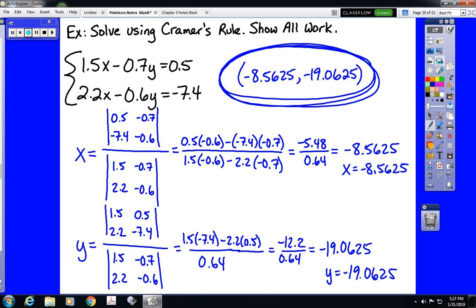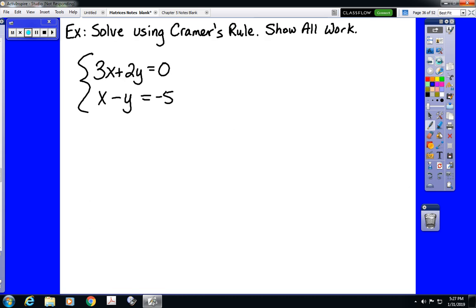Okay, next example. Also, I believe, a 2x2 system, and this might be our last 2x2 system. We will see when we get there. So again, we're going to start off with, here's x. Bottom determinant is the coefficient matrix, which would be 3, 1, 2, negative 1.